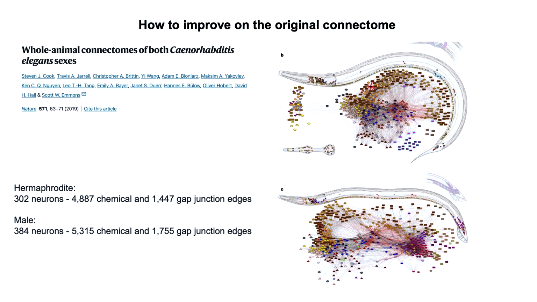Now, you can actually compare them: how the sex shared neurons, meaning the neurons common between hermaphrodite and males, how they are connected. So, let me rephrase my wording. In C. elegans you have 302 neurons in the hermaphrodite, and in the male there are 384 neurons.